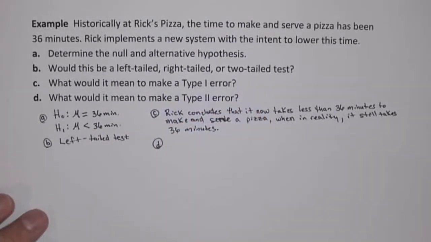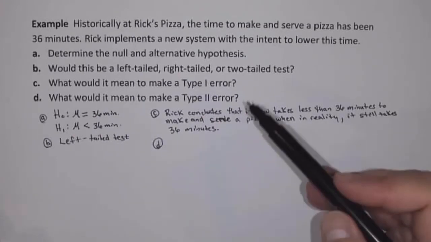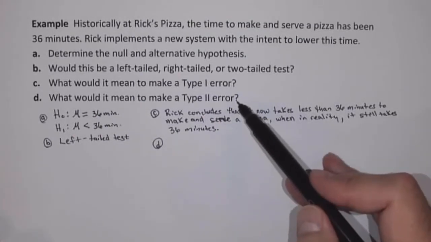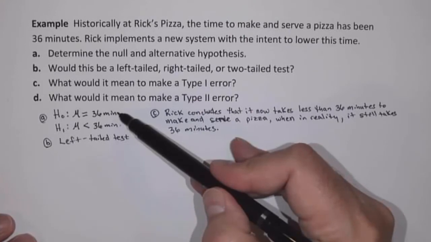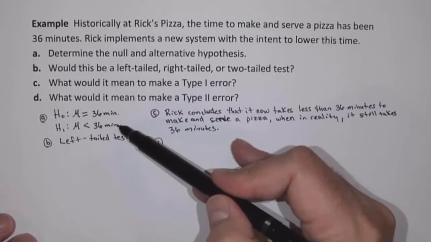What would it mean to make a type 2 error? Now, making a type 2 error means we do not reject the null hypothesis when the null hypothesis is actually false. So we're going to conclude this is still true when in fact this is now true.